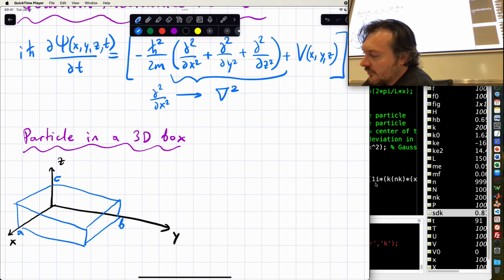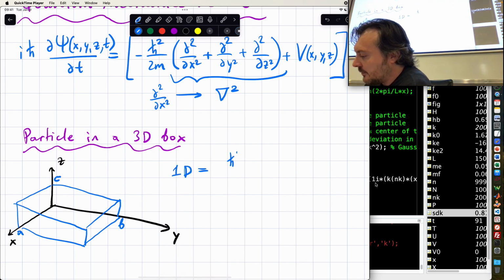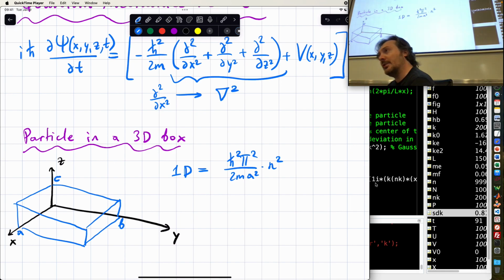In 1 dimension, you would get h bar squared pi squared over 2ma squared times n squared. Do you remember that? That's the energy of the system, and it depends on a quantum number, right?